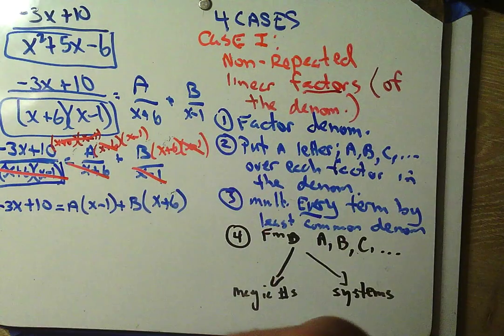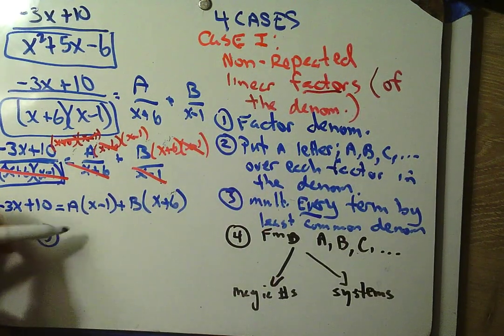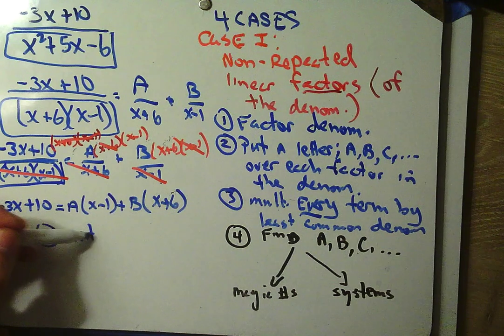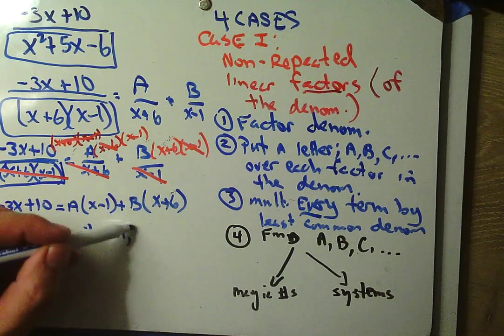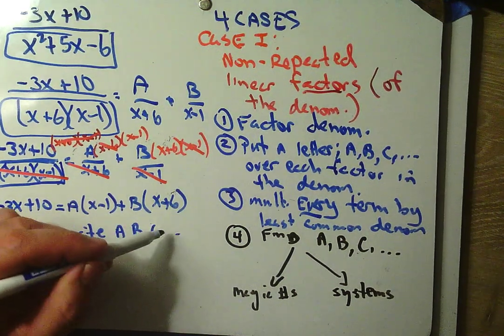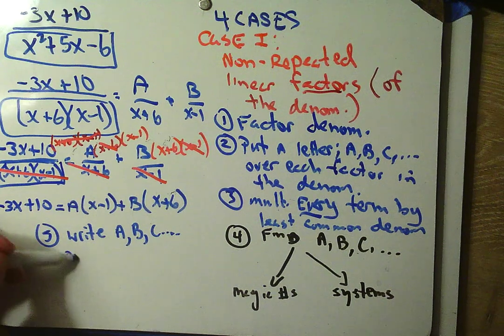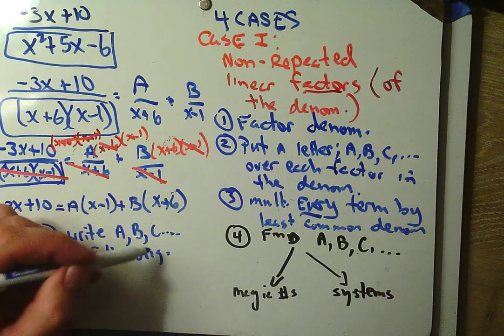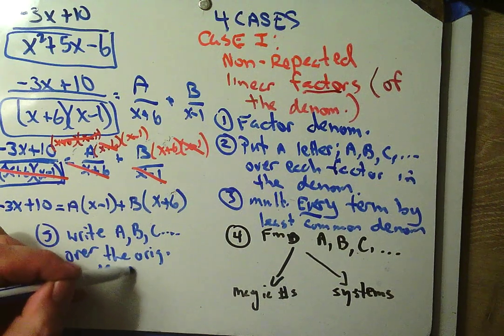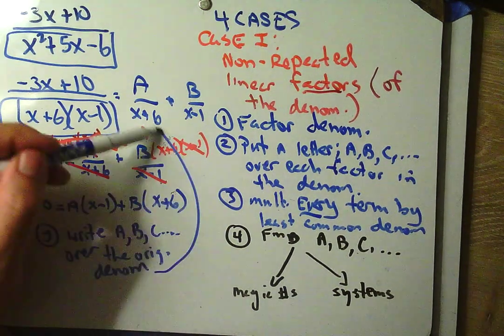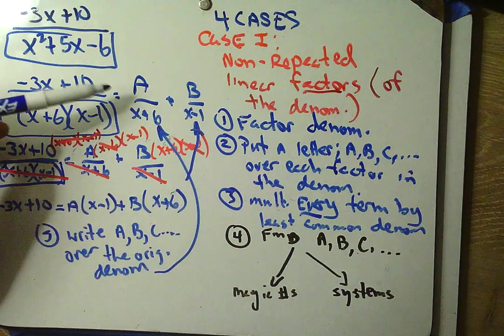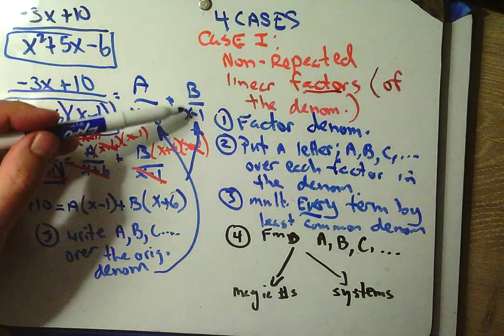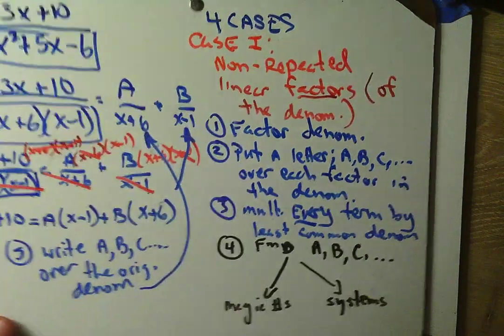And step 5 is write a, b, c, etc. over the original denominators. So remember these, how we started with a over x plus 6 and b over x minus 1?